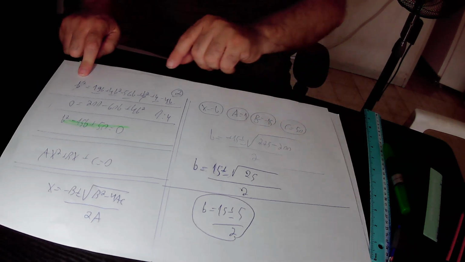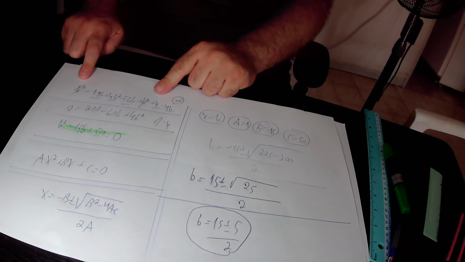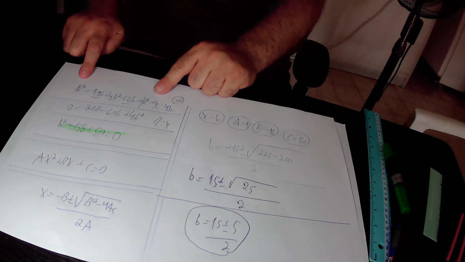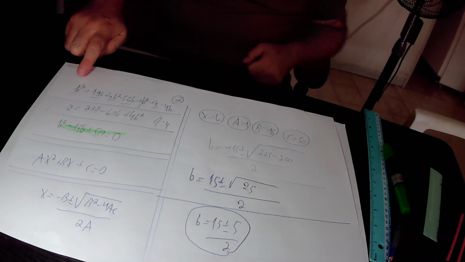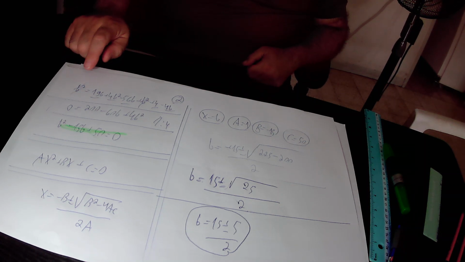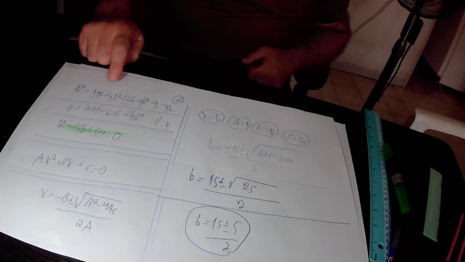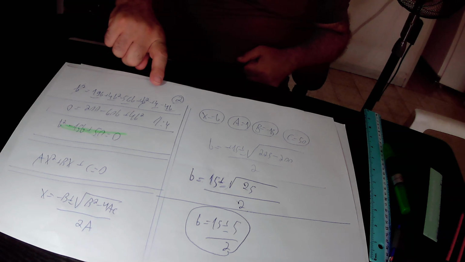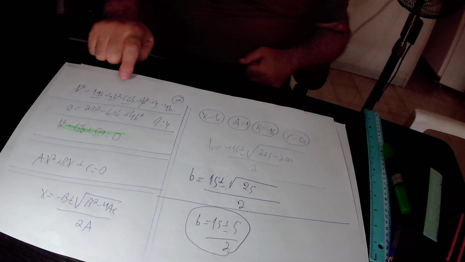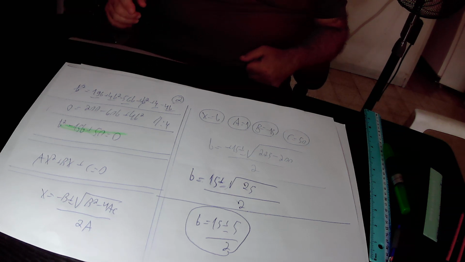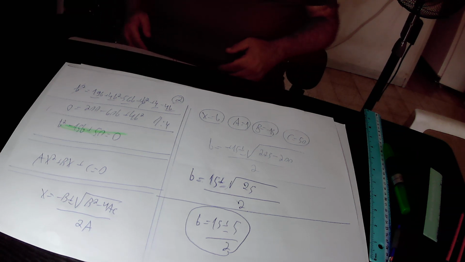Here we have b squared on both sides of this equation, so b squared gets cancelled. On this side we are left with 0, while on the other side we have 196 plus 4, that is 200, minus 56b minus 4b, that is minus 60b, plus 4b squared. So 0 equals 200 minus 60b plus 4b squared.